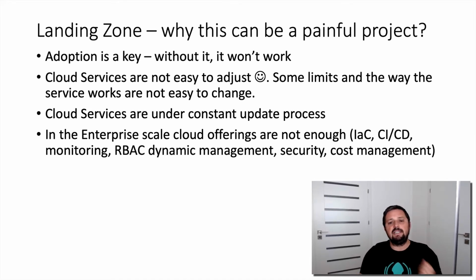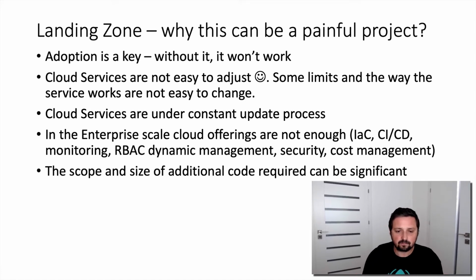What is also not easy in the enterprise is that lots of cloud offerings are not enough for enterprise environments. So if we are talking about infrastructure as code, CI/CD pipelines, dynamic role-based access control management, or security, some of the solutions built into the cloud are not enough for many customers in many areas. I will talk about that as well.